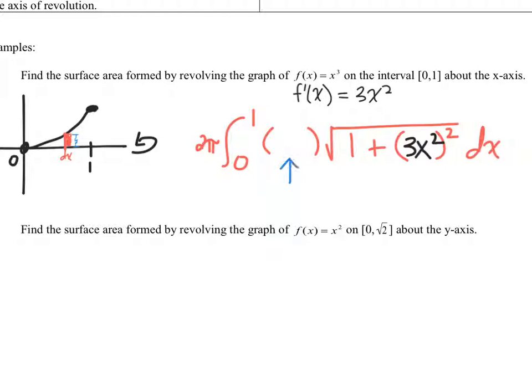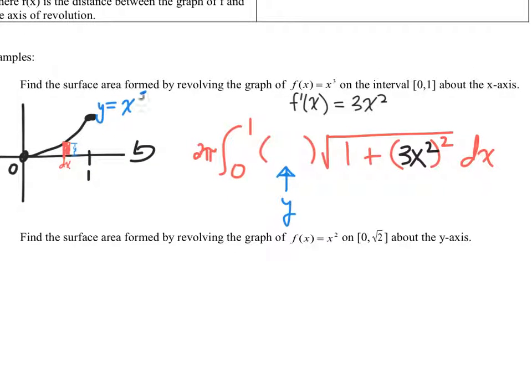So if this is going to be y, you would want to be thinking about, okay, well, what's y equivalent to in this situation? Well, if it's on this curve, and it is, then it follows y equals x cubed. So I can throw in an x cubed here, and then run that through the calculator, and be done with it.